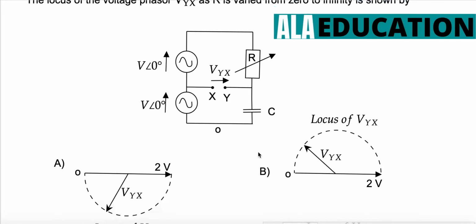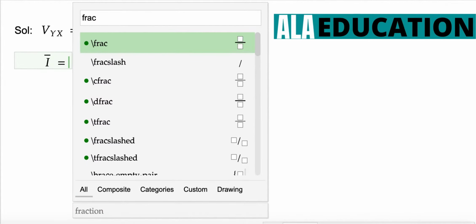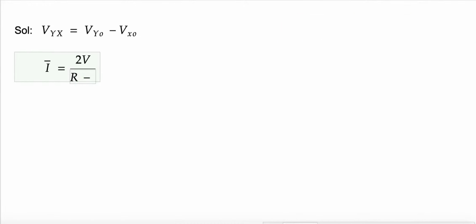That is nothing but, let me write it. We need a fraction here: 2V upon the impedance R minus jXc, where Xc is 1 by omega C. This is what the current is.